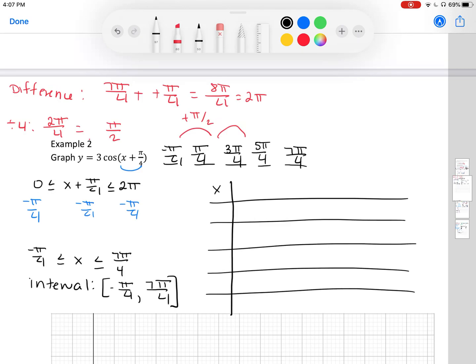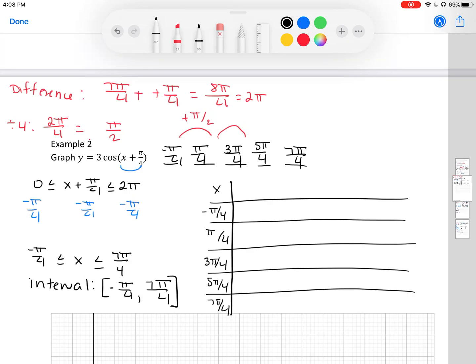Now, once you find your first 3, they kind of repeat. So you really need to find only your first 3. Negative pi over 4, pi over 4, 3 pi over 4, 5 pi over 4, and 7 pi over 4.